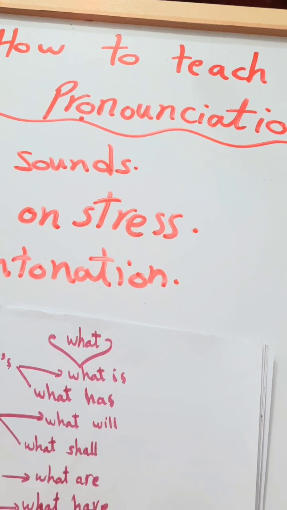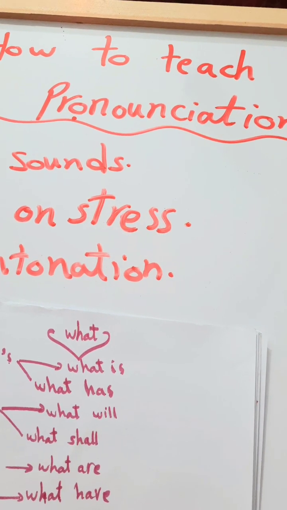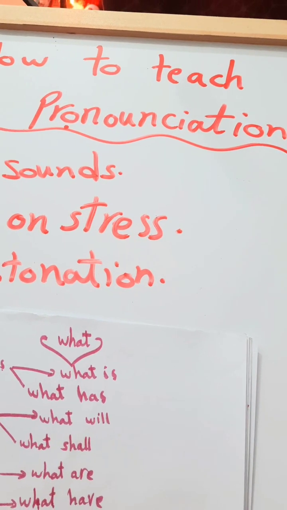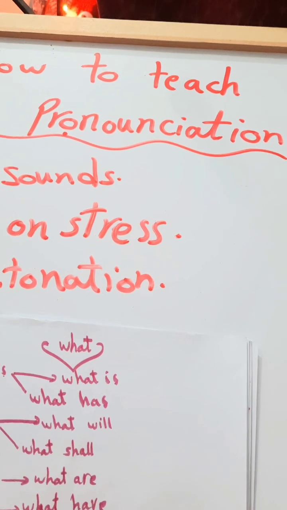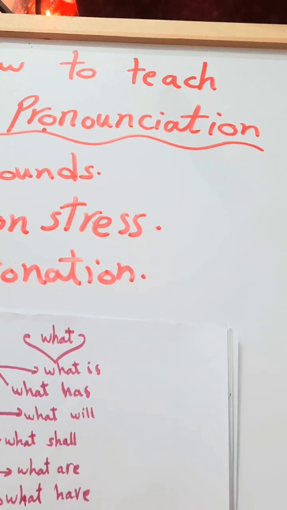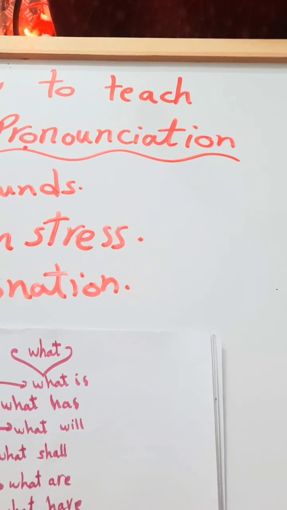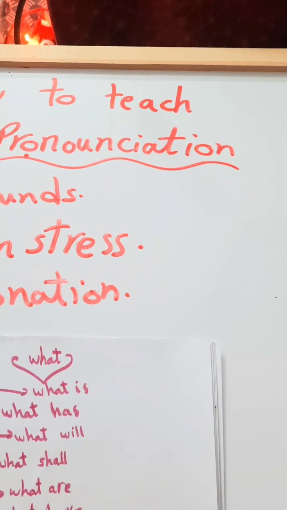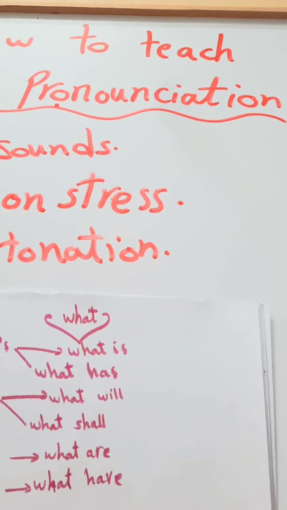But when you as a teacher decide that the first thing to teach your students is the correct pronunciation, it is the only step and the first step and the basic step to learn the English language and to speak and use the language without the fear of making mistakes.